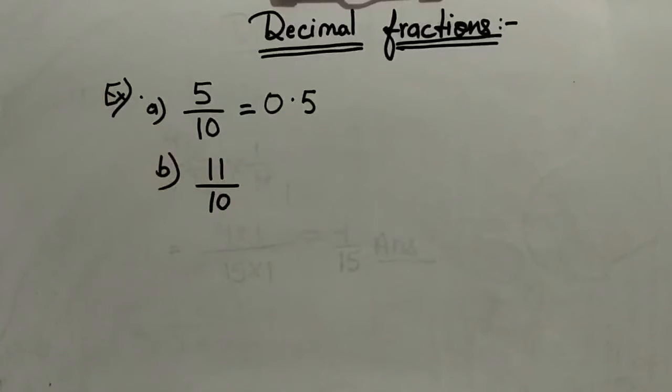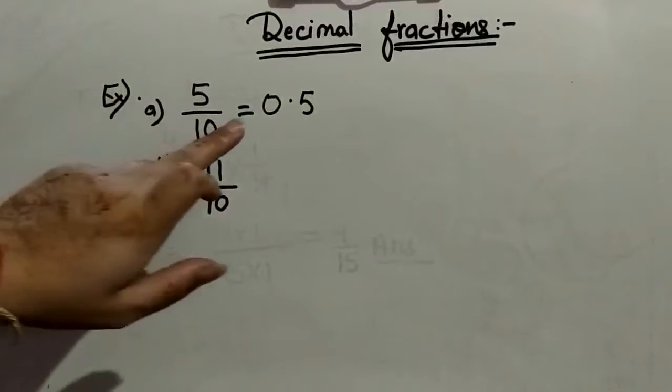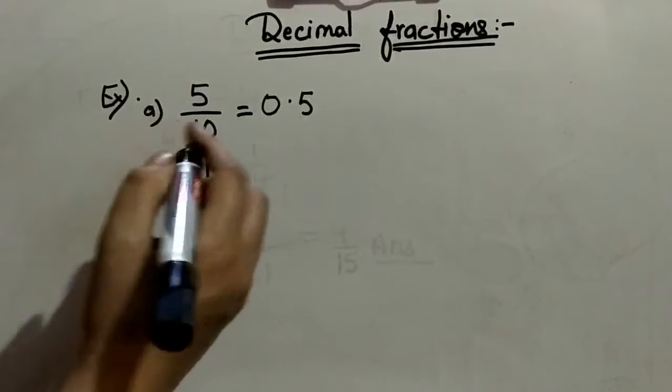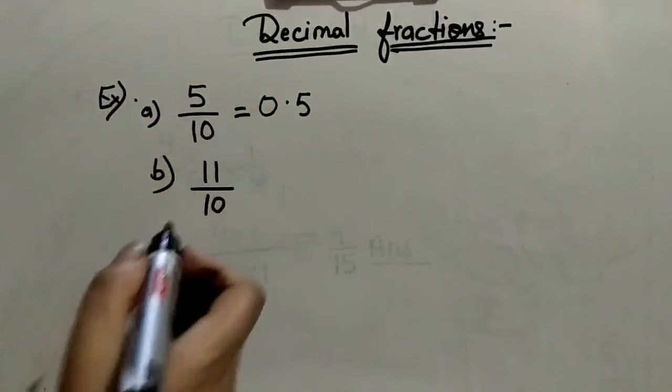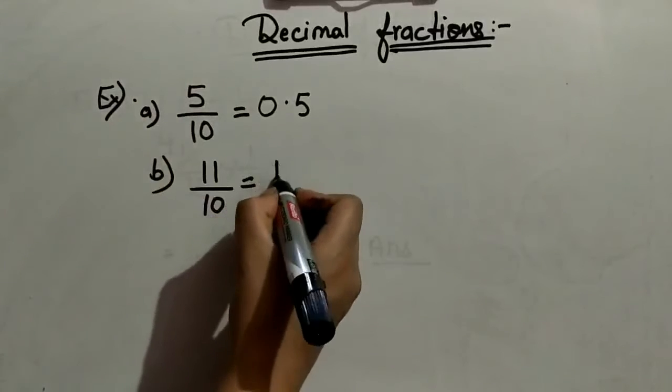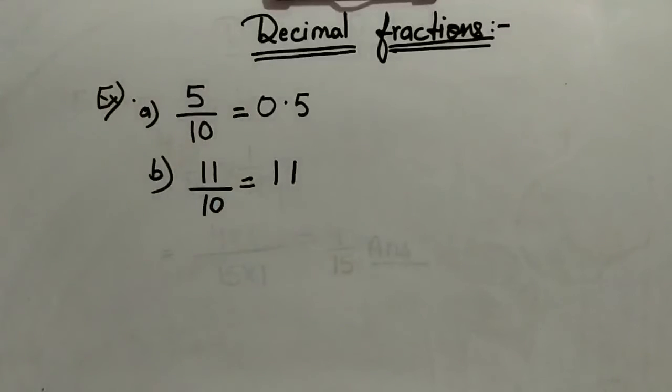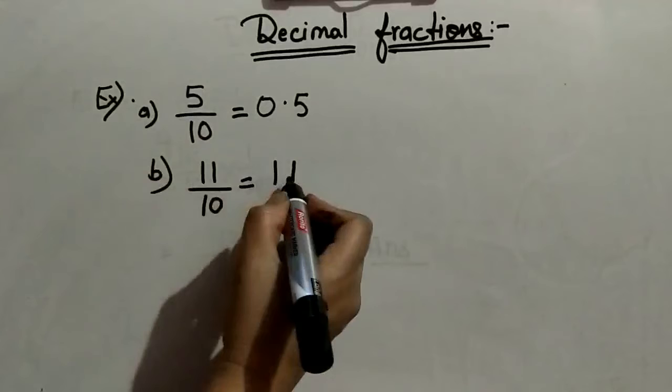So now how will we write it? As we observe, if we have 10 as the denominator, we are putting the point before one digit. So now how many digits do we have? 2. So we have to put the point before one digit.